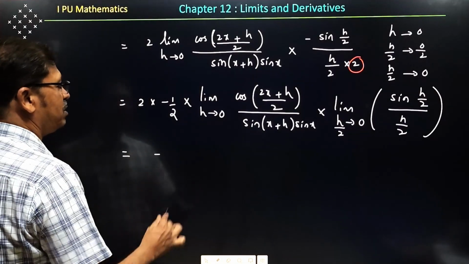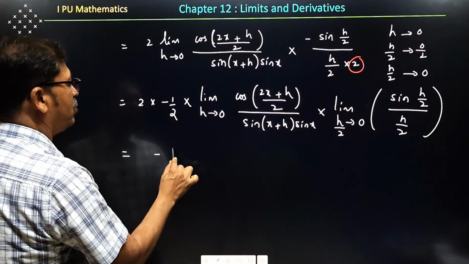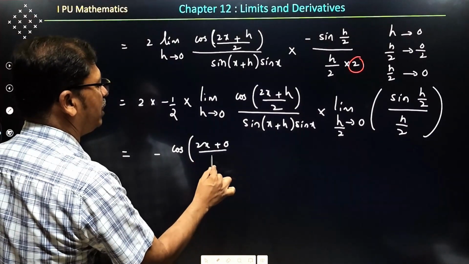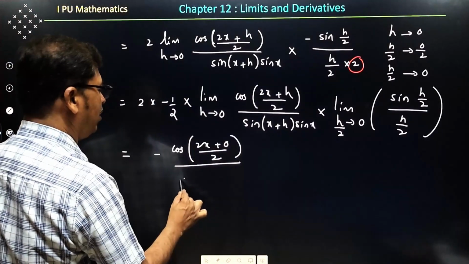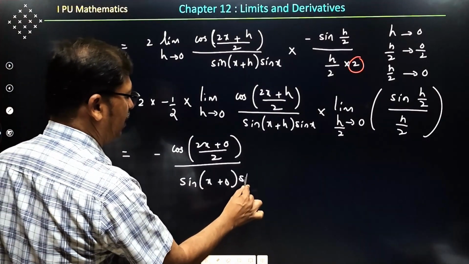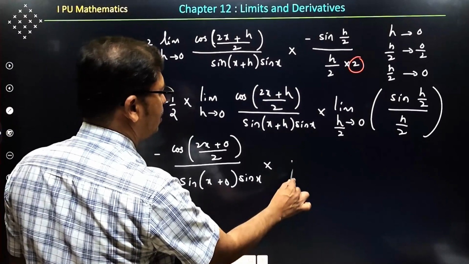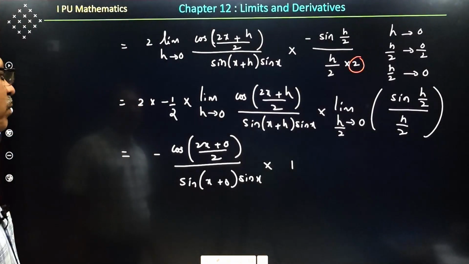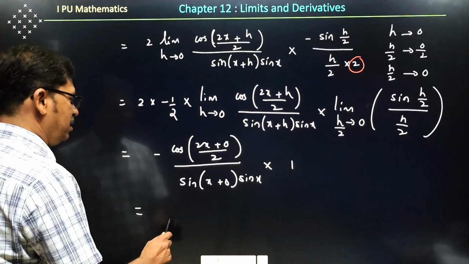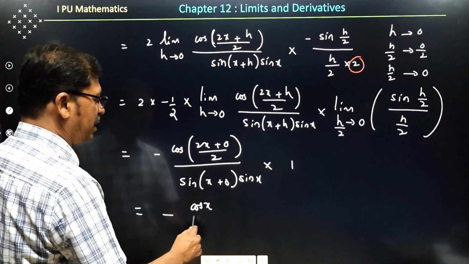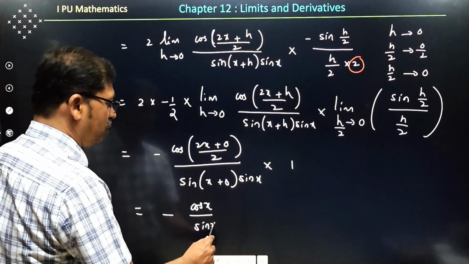2 cancels, minus remains, and then cos of (2x plus 0) whole divided by 2, whole divided by sine of (x plus 0) into sin x, into this standard limit, and this value is 1 here. So what happens? Minus as it is, 2 cancels, cos x whole divided by sin x into 1 upon sin x.